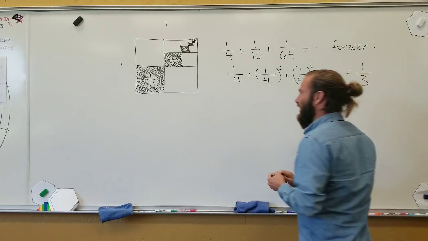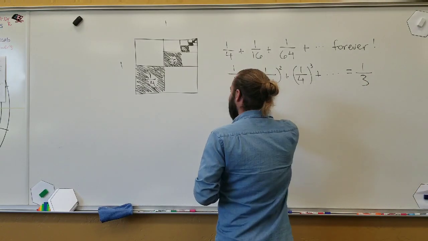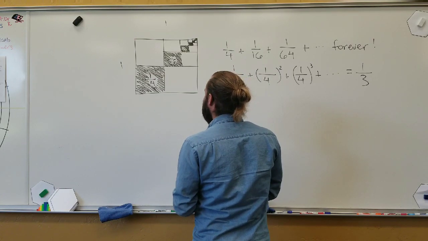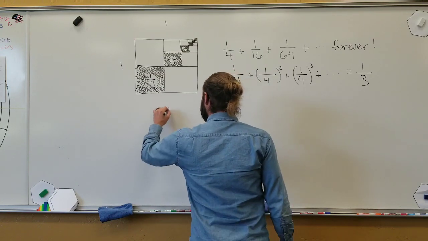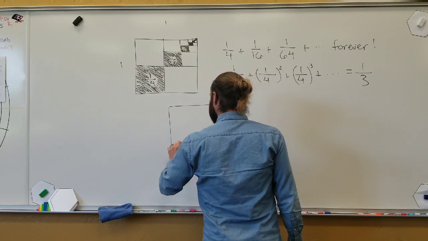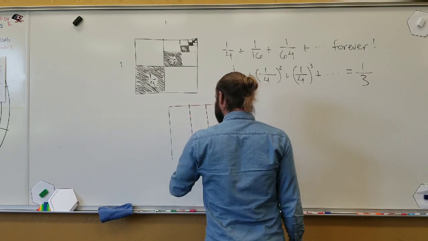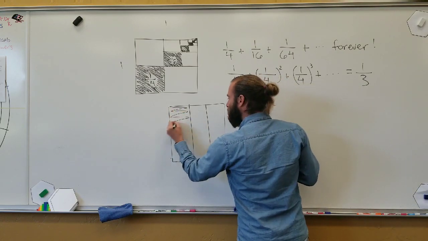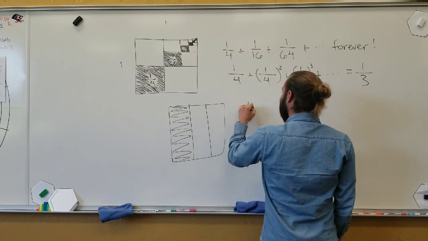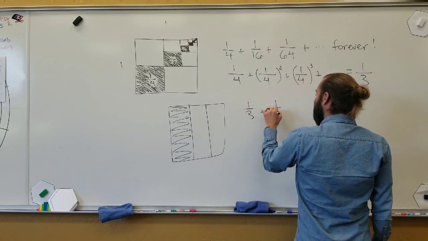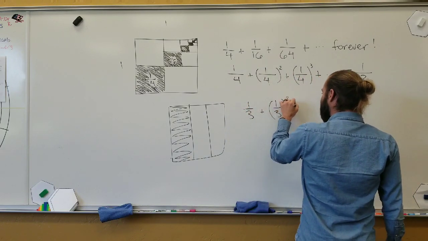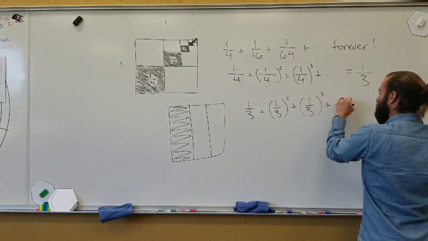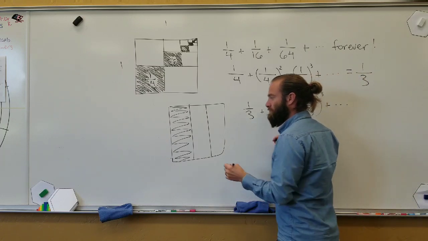We can do a similar thing for thirds, I believe. I can't as easily draw thirds perfectly in a square, but let's just use a square again. If I do powers of 1/3, plus 1/3 squared, so that's 1/9, plus a 27th, which is 1/3 cubed, and again just letting that go forever.